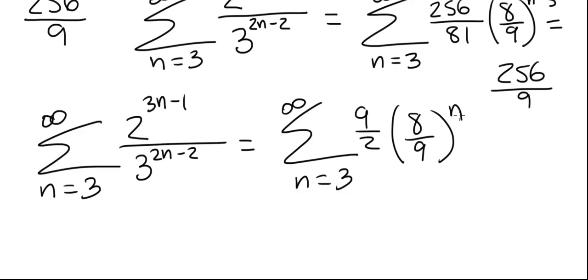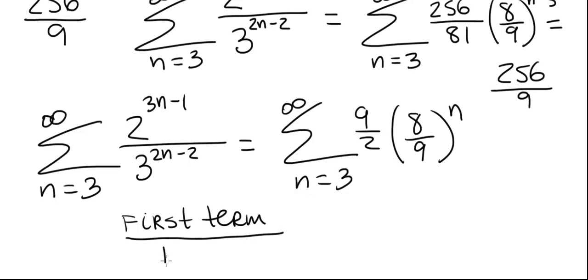Now, instead of proceeding to the standard form by factoring out 8 over 9 cubed, we can do the following. A geometric series where r is known to be between -1 and 1 will converge to the first term divided by 1 minus r.